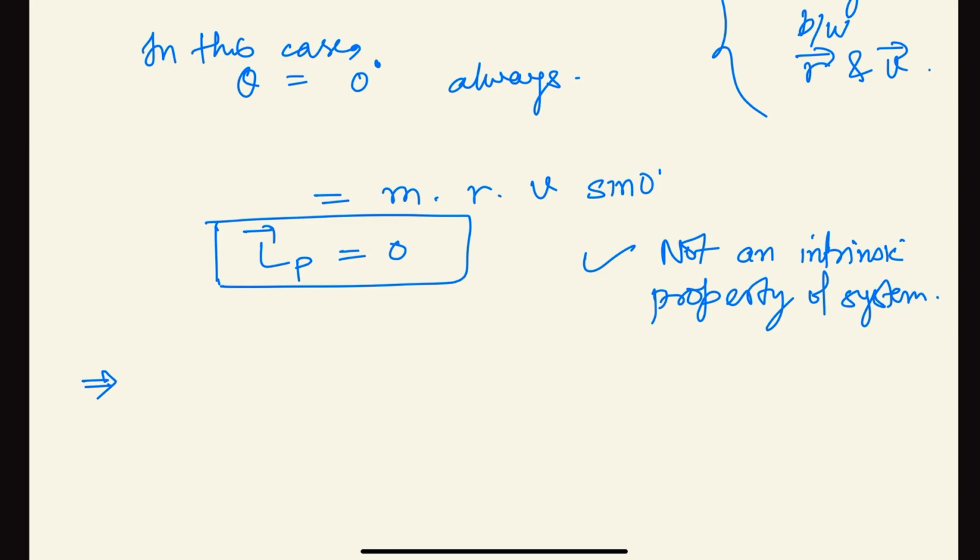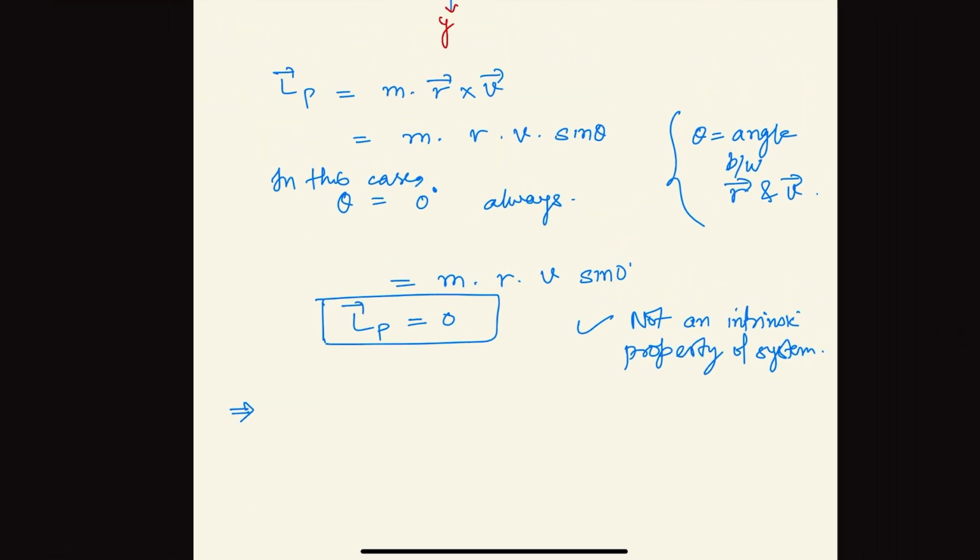But if we calculate the angular momentum of a particle which is spinning about its axis passing through the center of mass, then it is an intrinsic property. When a system is spinning around its center of mass, the angular momentum is an intrinsic property. We'll learn about it in our next lectures. Thank you.